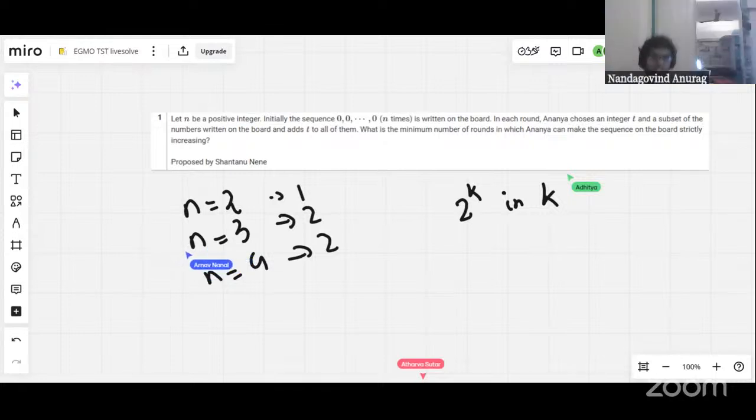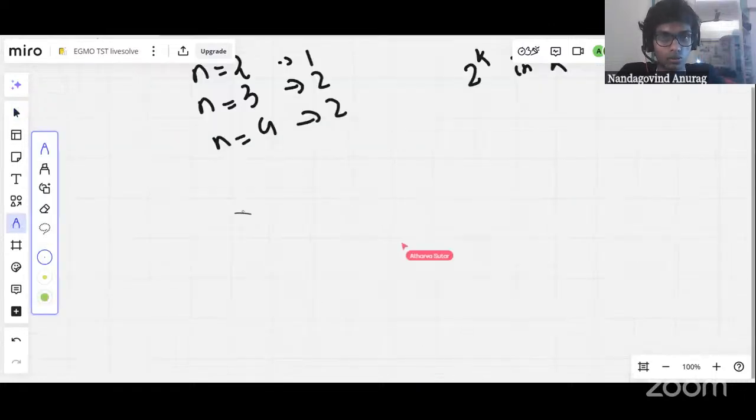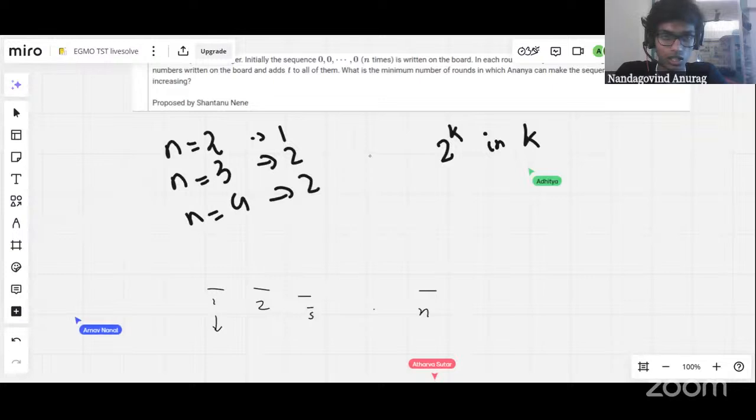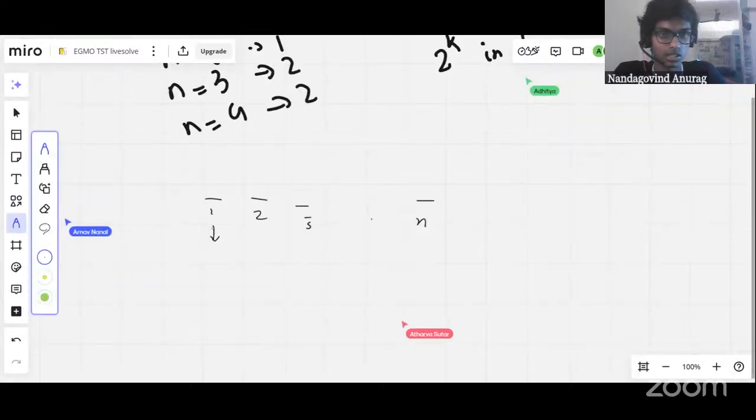Optimal because if you had less than k moves, you would have that the subsets chosen could, you look at all k numbers. So now two numbers cannot be in the same group of subsets, right? For example, you have 1, 2, 3 till n. For every one, you just note, out of the k operations that you performed, which operations it was a part of.